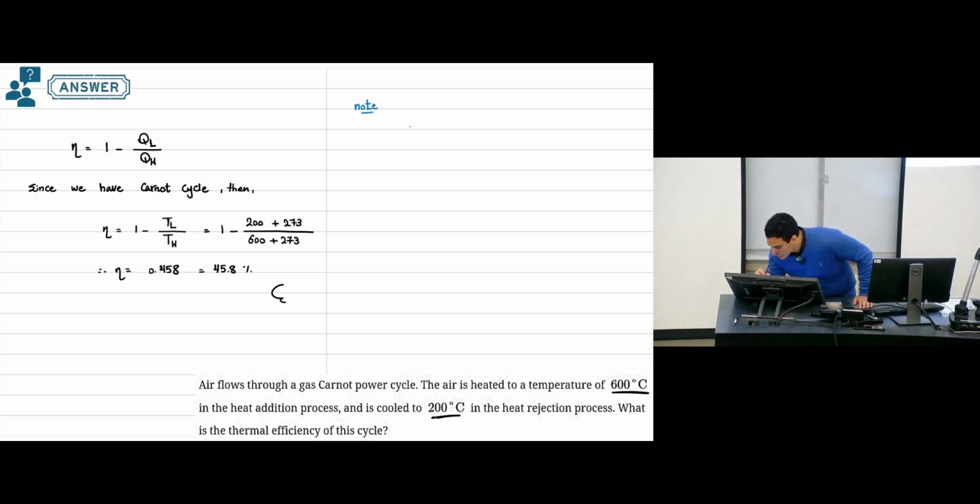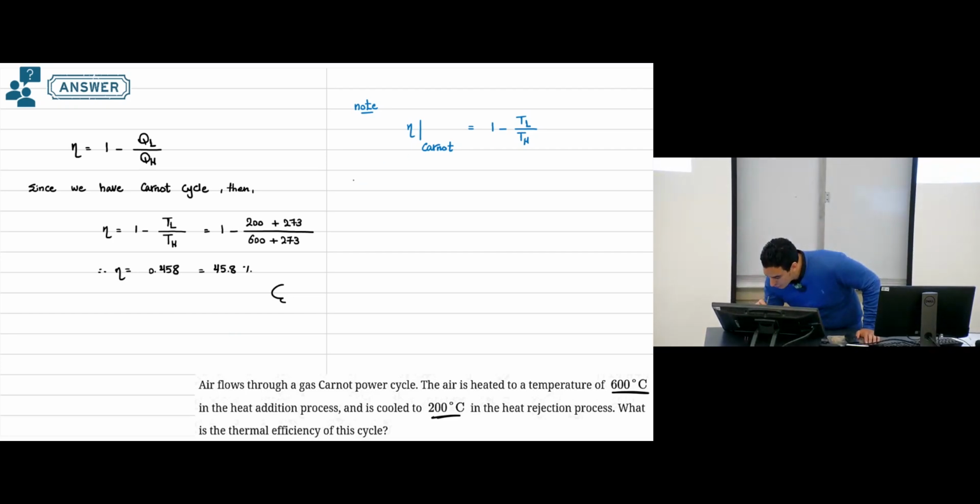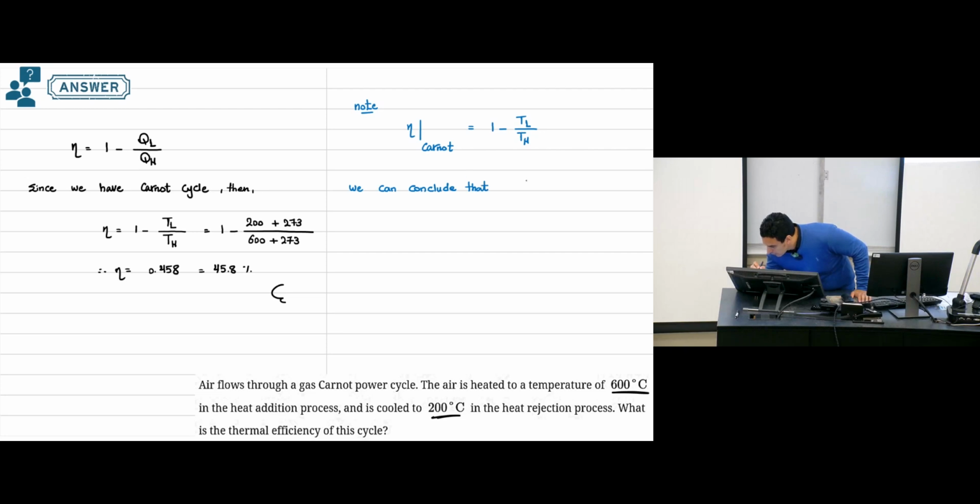Based on the equation, the efficiency of the Carnot cycle is 1 minus TL over TH, and from this equation alone we can conclude that the efficiency of the Carnot cycle is a function of TL and TH.